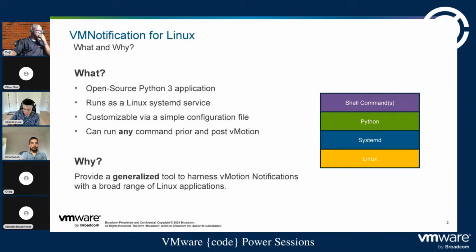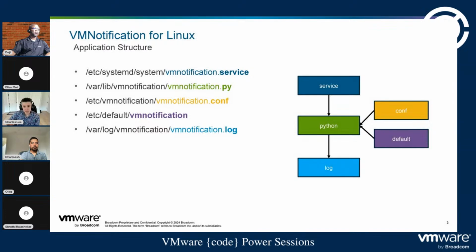I'll show you exactly what I mean by the customization. This gives users the ability to run any command they want before a vMotion and after a vMotion, packaged as a well-behaved Linux systemd service. The reason is to provide a generalized tool so that pretty much anyone who has a Linux system that wants to take advantage of the vMotion notification can do so with very minimal effort.